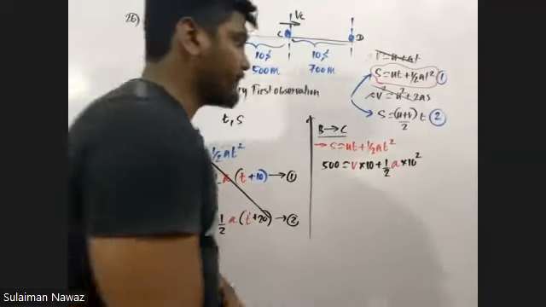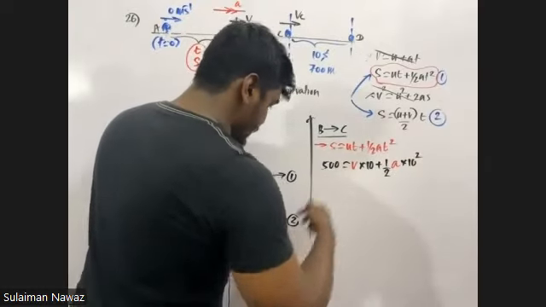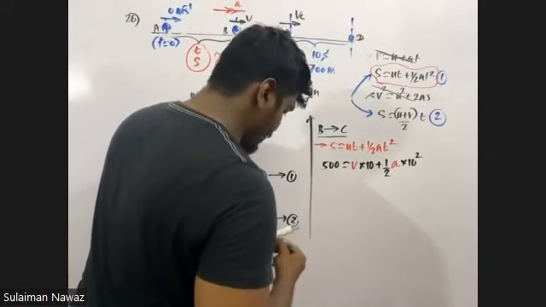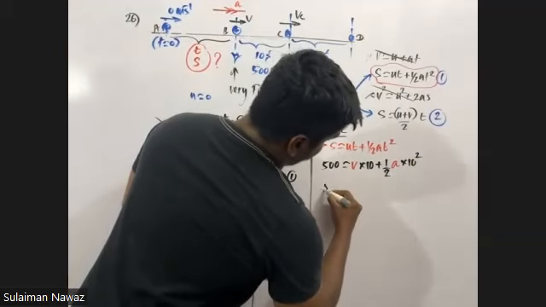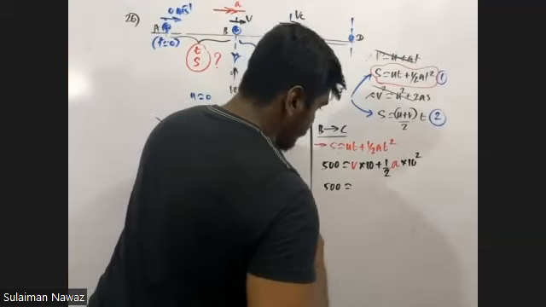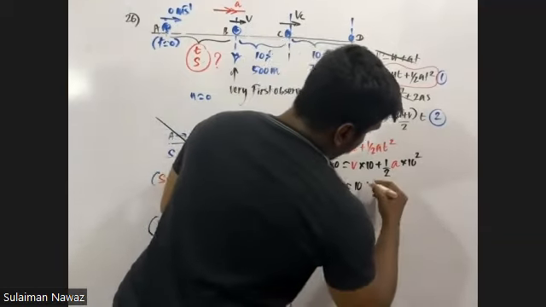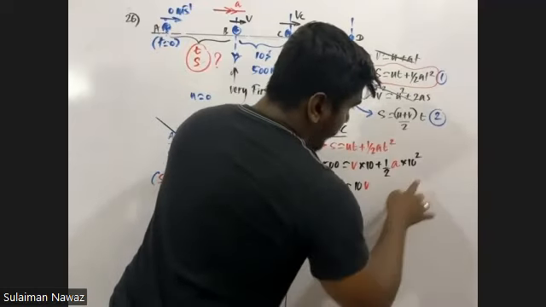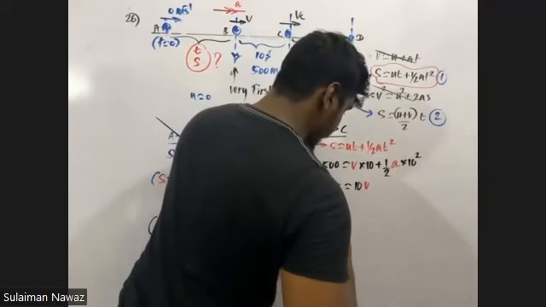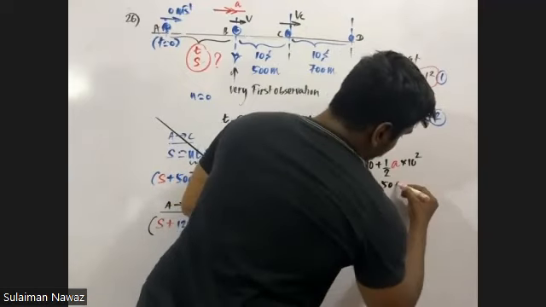Now you can do it. Then I can simplify somewhat. Look at it. Then I can say 500 equals how much? 500 equals 10V plus 100A over 2, which means 50A.